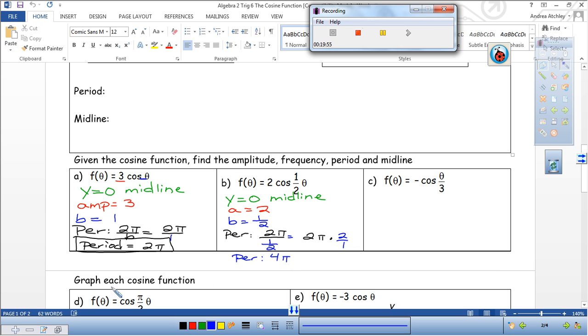Any questions over that? Okay, the next one. The midline is the same. Well, because when you divide, you have to multiply by the reciprocal. The reciprocal of 1/2 is 2/1.